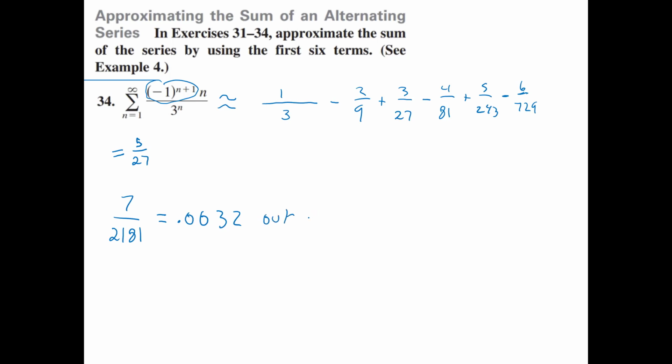Our error is less than 7 over 2187. Okay, that's kind of cool. We can get how close we are. We're within 7 over 2187 of our answer when we say that our answer is 5 over 27.